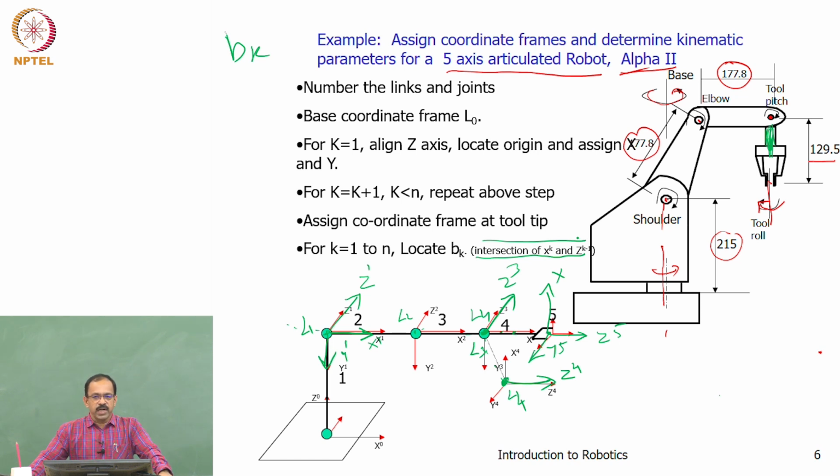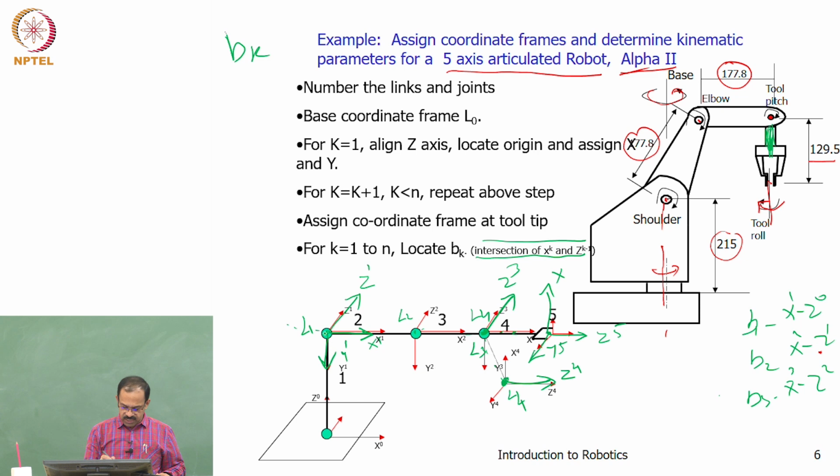Now look at x1 and z0. So B1 is x1 and z0, B2 is x2 and z1, B3 is x3 and z2, like this. So find out the intersection of x1, z0. So you have the B1 here.